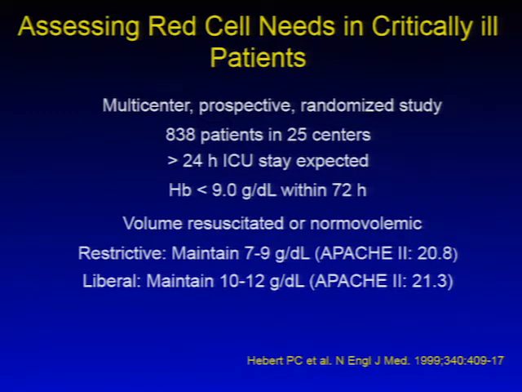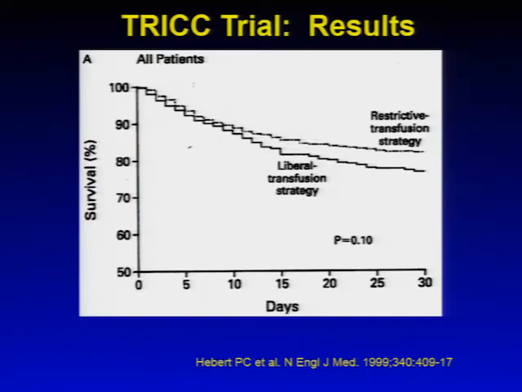So these two groups had very similar degrees of illness acuity as defined by the Apache scoring system as labeled here. So basically, when you look at the survival curve, I think it's rather easy to illustrate the difference.